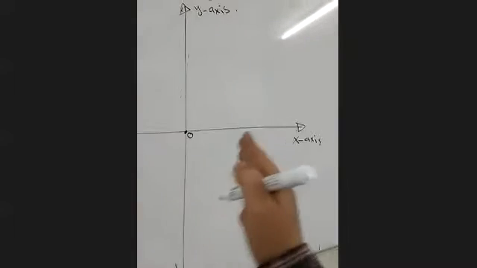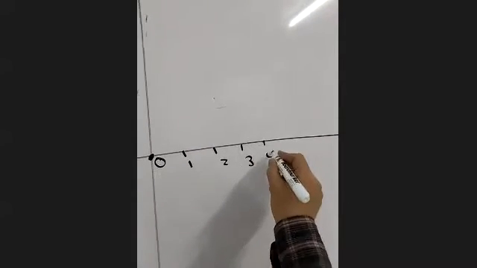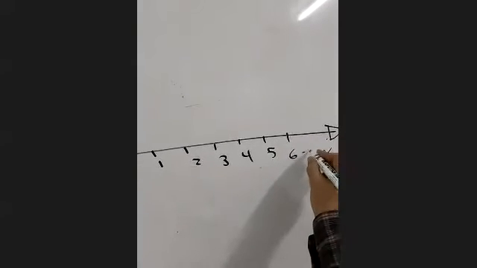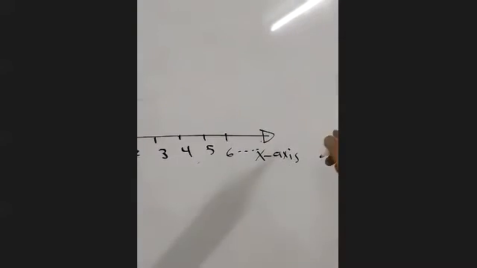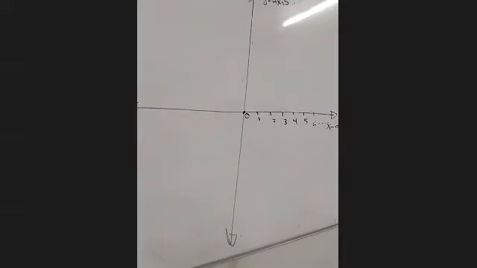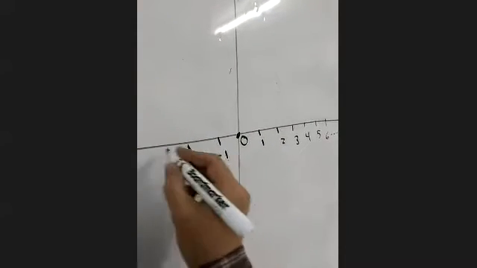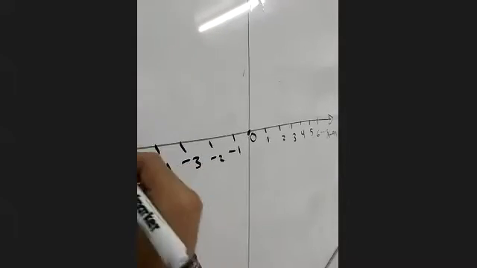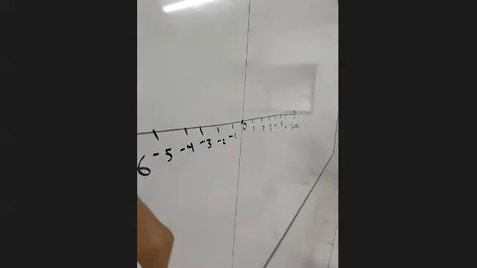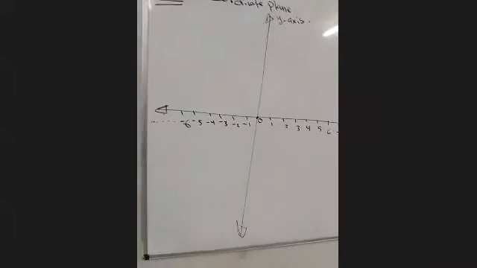And to the right, we have positive numbers: 1, 2, 3, 4, 5, 6, and these points go on forever. To the left, as we did in the number line, we have the negative integers: -1, -2, -3, -4, -5, -6, and these points go on forever.